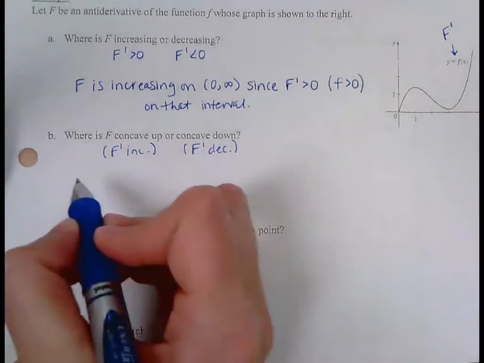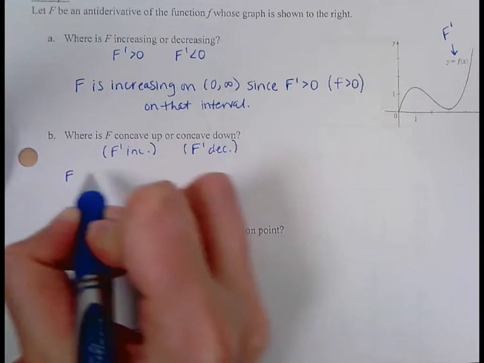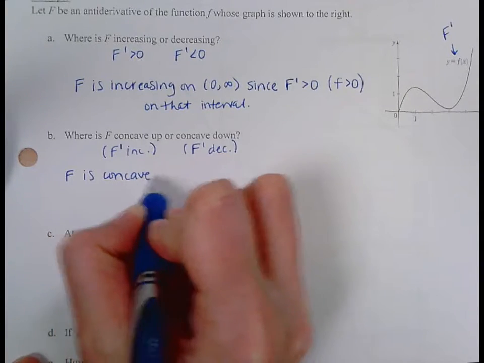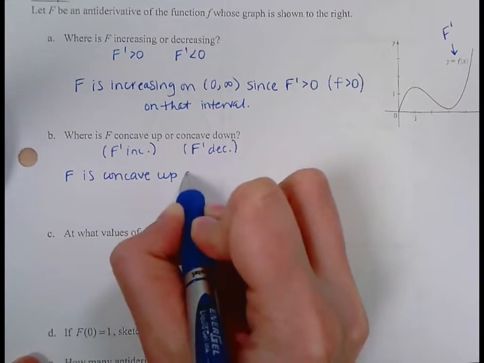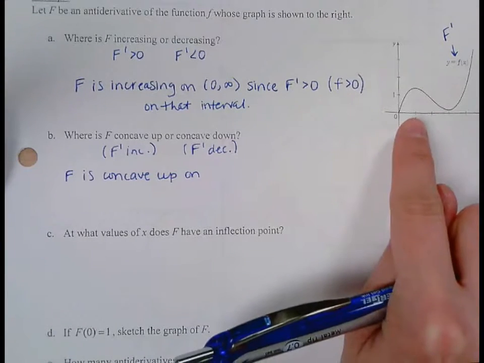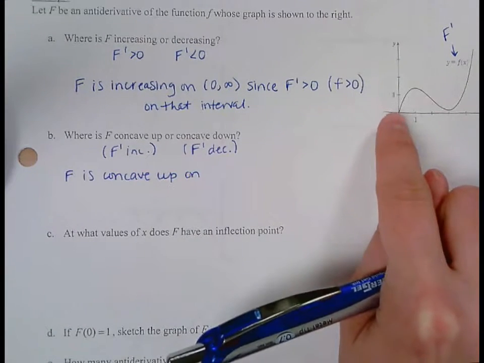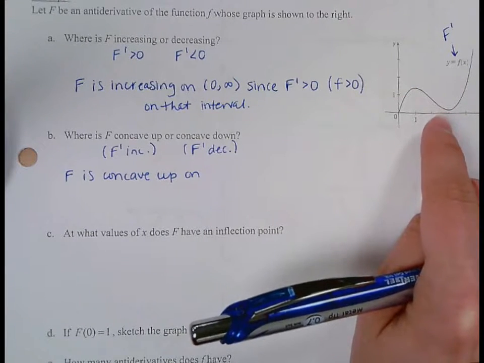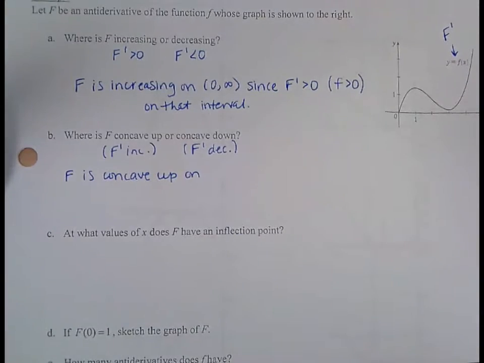So I can say F is concave up on, and the intervals where our graph is increasing would be from 0 to 1, and then also from 3 on, so 3 to infinity.